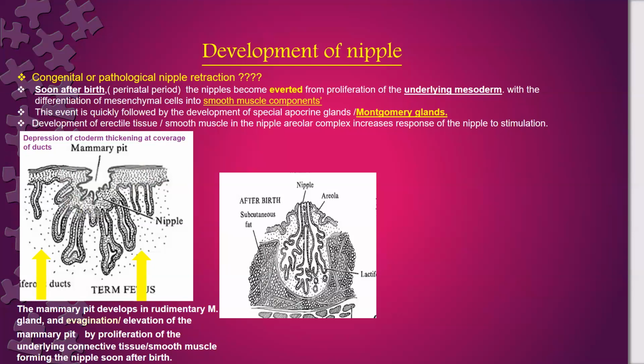So what are the components of the nipple areolar complex? It is ectodermal. It contains these ducts, which should open on it, smooth muscle, and connective tissue.